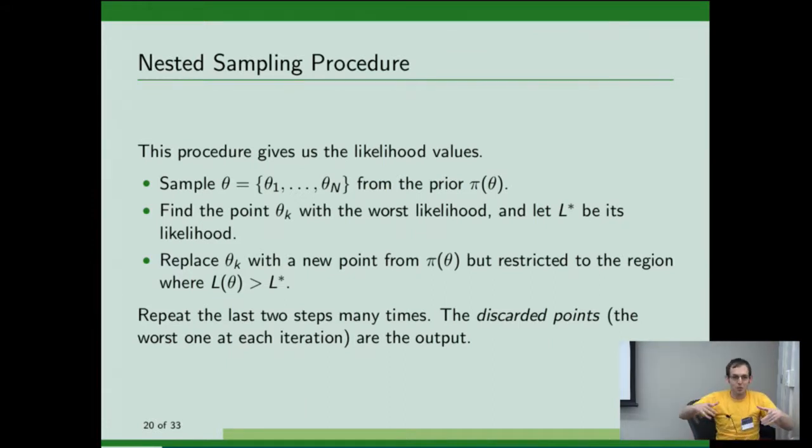Then you generate a new point above that. You're now looking at 99% of the space. You find the worst one there, you discard it, and that one is going to represent 1% of 99% of the space. And you keep doing it. Each time you do it, you're cutting down the volume by a factor of 0.99. So your volume is going to shrink geometrically as you do this.